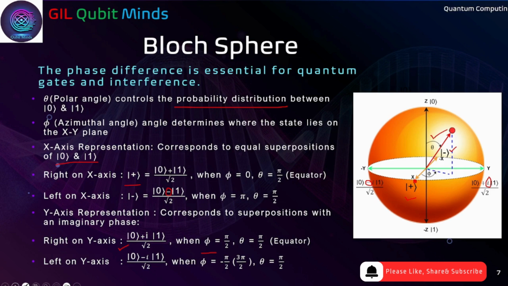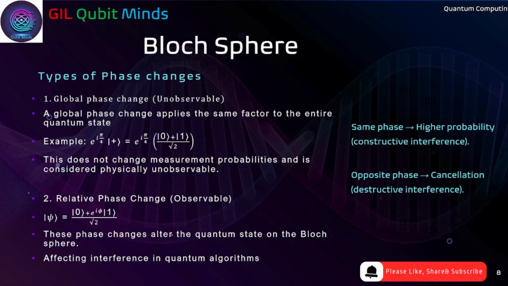Now going to the next slide. For the Bloch sphere, we have seen two types of phase changes. One is global phase change, which is unobservable.